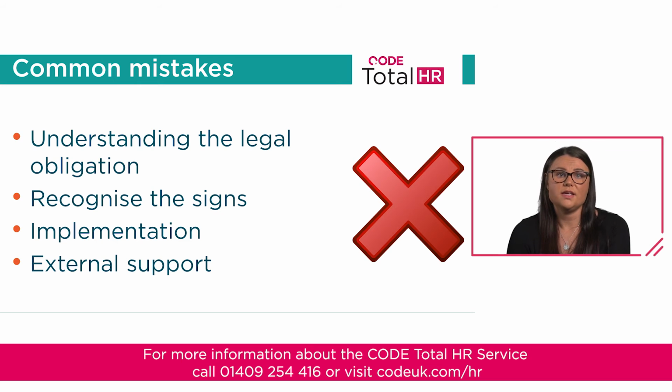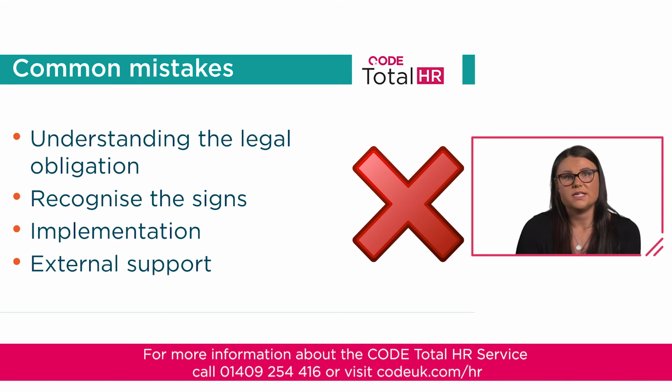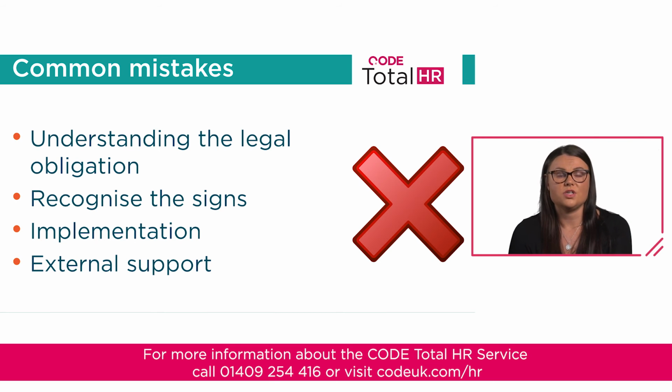The second one is recognising the signs. As I spoke about towards the beginning of today's session, it's having that reasonable awareness. If it is deemed that you had reasonable awareness and you failed to recognise those signs, that is also another common mistake that we're coming up against.